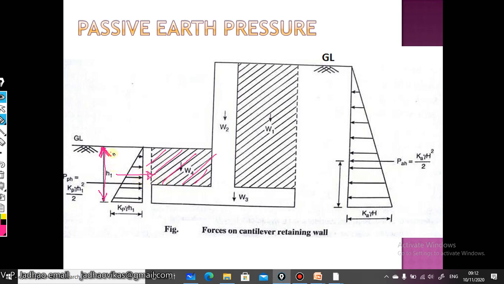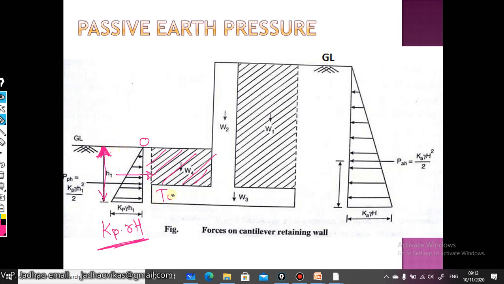It is called passive earth pressure, and the magnitude is 0 at the top, whereas at the base it is Kp into gamma into h, where Kp is the coefficient of passive earth pressure, gamma is the unit weight of soil mass, and h is the height or depth of the material which is provided on the left hand side of this retaining wall, or on the toe end.